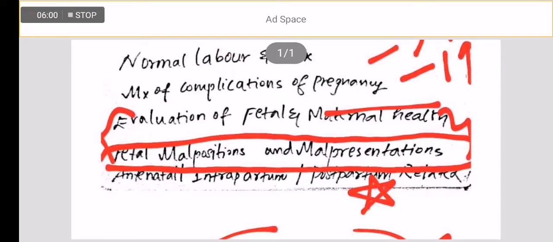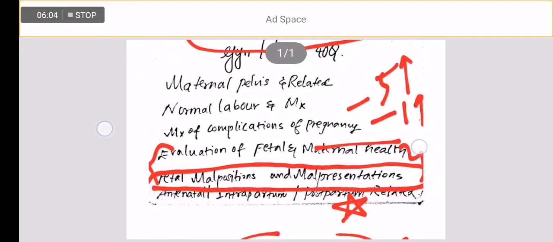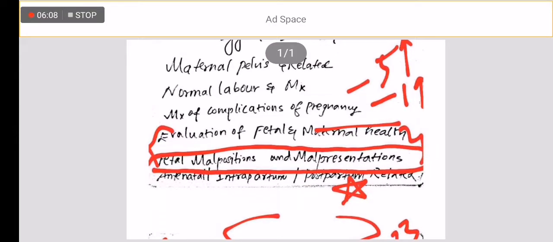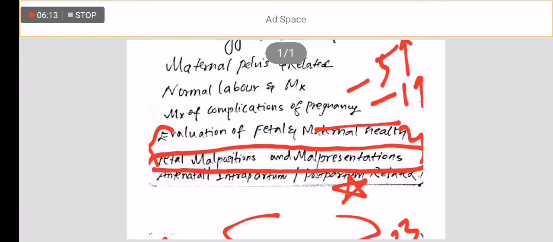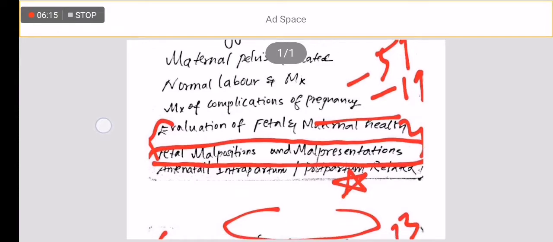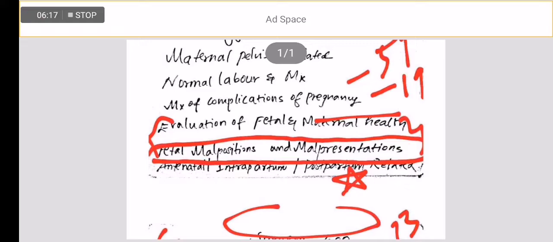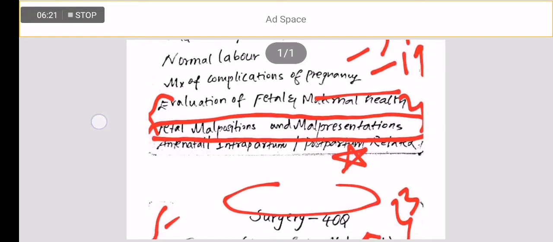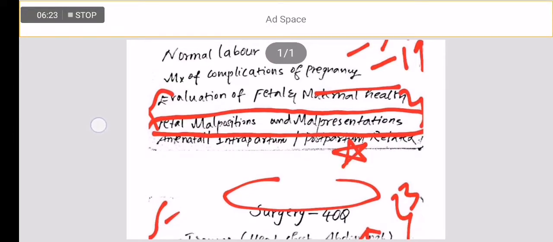Evaluation of fetal and maternal health. So management of complications of pregnancy, you can get 5 questions or more, and evaluation of fetal and maternal health, you may get 1 or 2 questions, and fetal malposition and malpresentations, you may get one question.